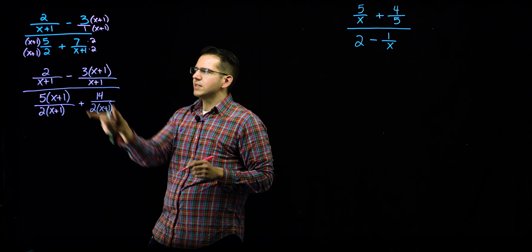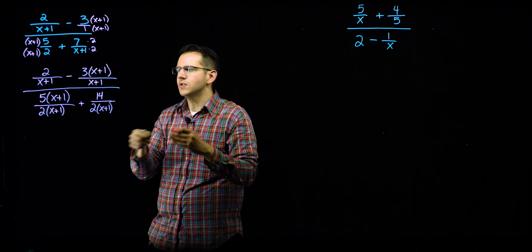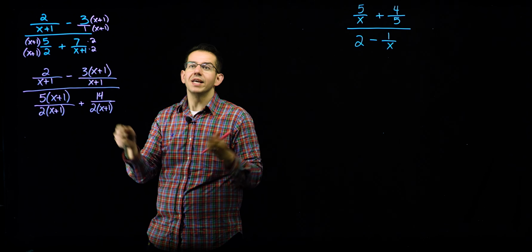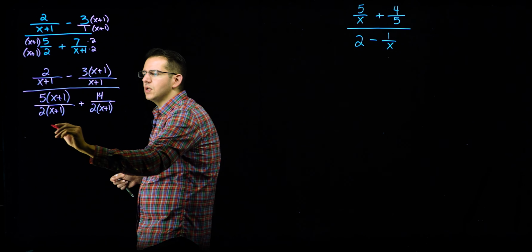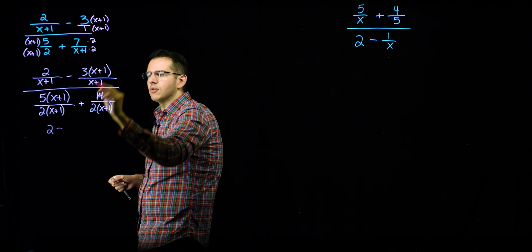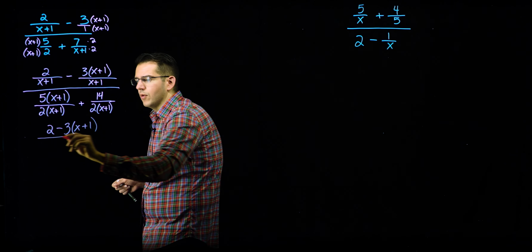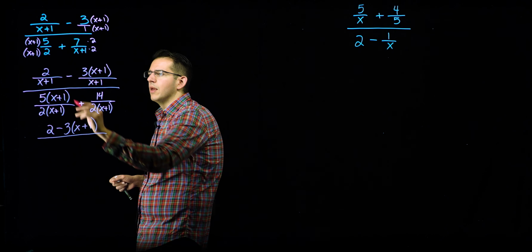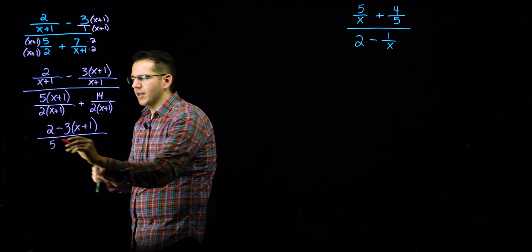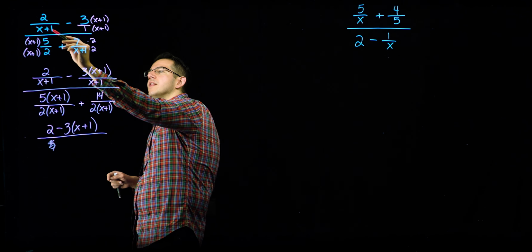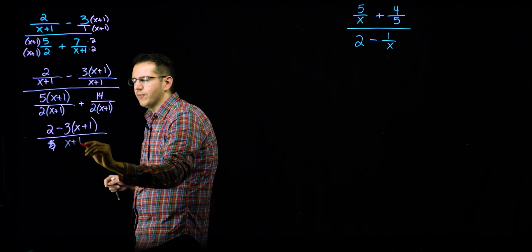And we did this because now in the numerator we have a common denominator. We can combine our fractions. And in the denominator, we have a common denominator so we can combine these fractions. So we'll get 2 minus 3 times x plus 1 over this denominator that we had, this x plus 1 that we've been carrying over.